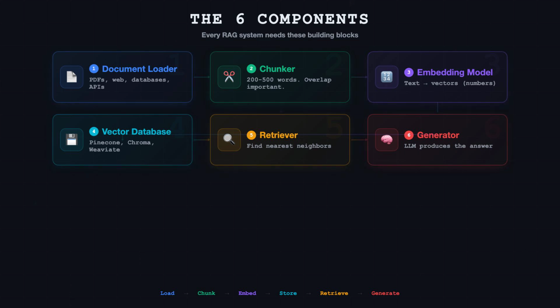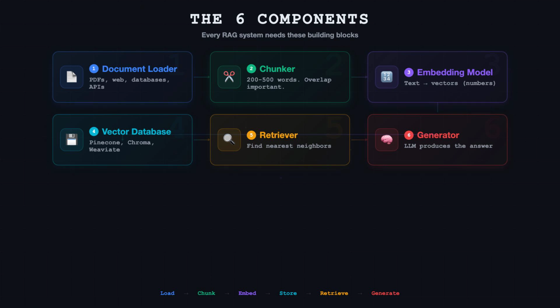The embedding model converts text into vectors. OpenAI's Ada model, Cohere's Embed, or open source models like Sentence Transformers all do this. The vector database stores and searches these vectors. When a query comes in, it finds the nearest neighbors, the chunks whose meaning is closest to the question.